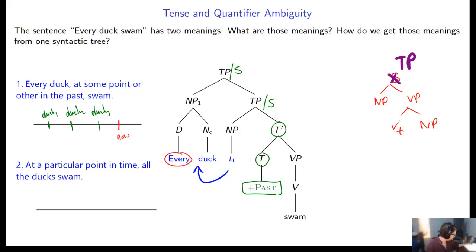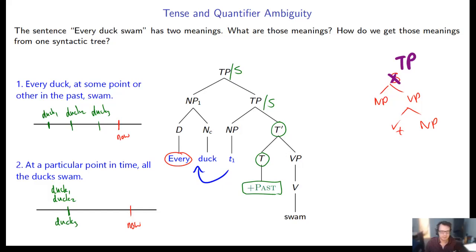So if this is now, there might be a particular point in the past, let's say here, where duck 1, duck 2, and duck 3, all the ducks swam at that particular point. So there's two interpretations for this sentence, every duck swam.